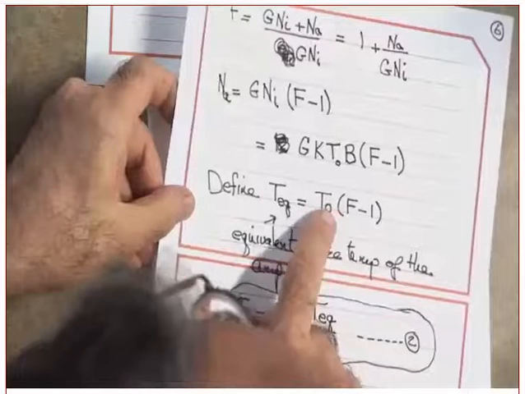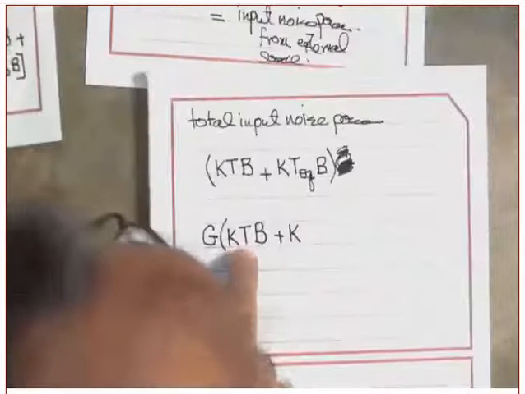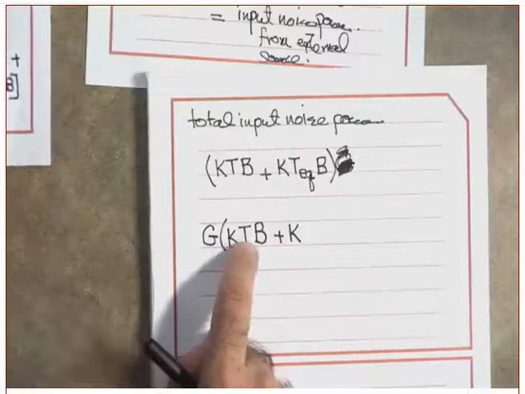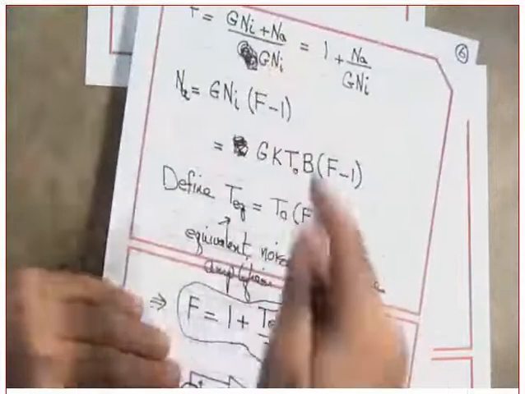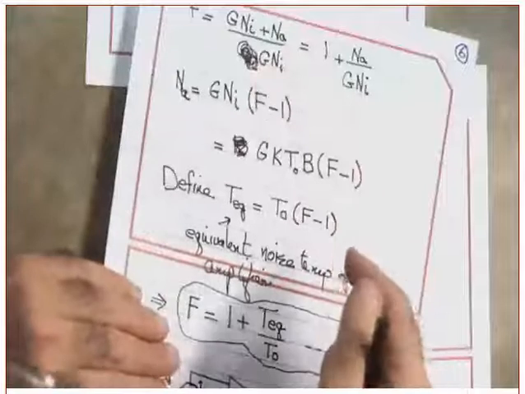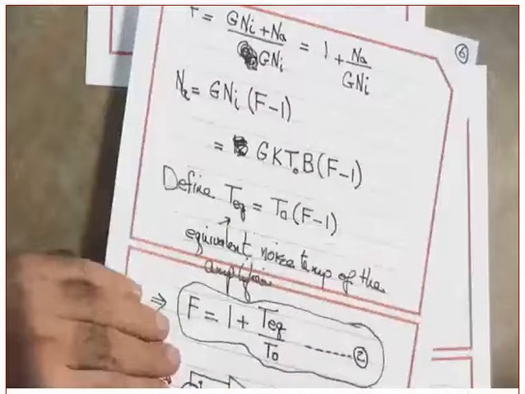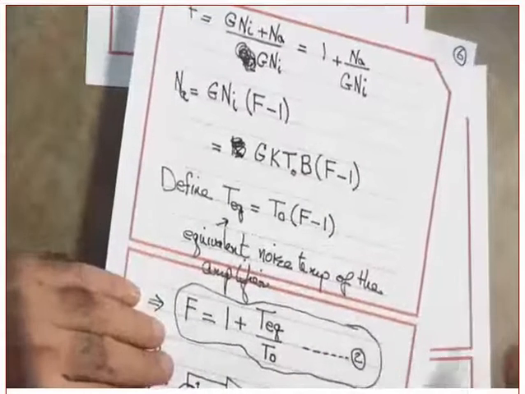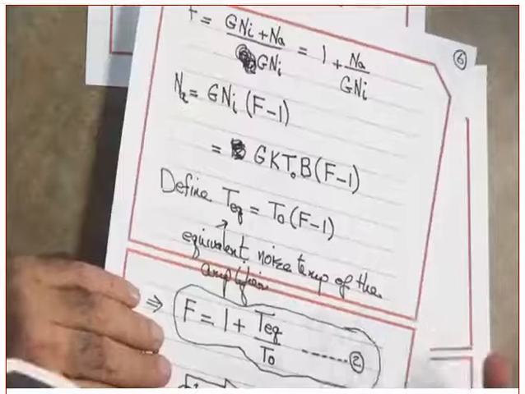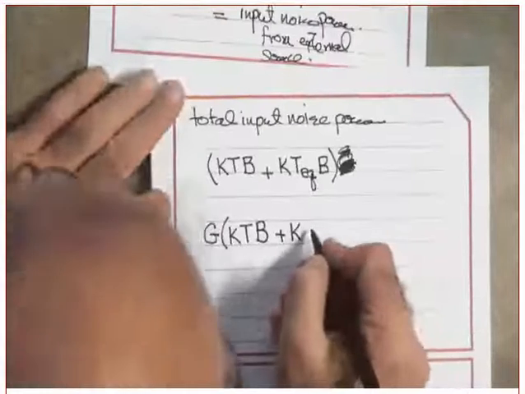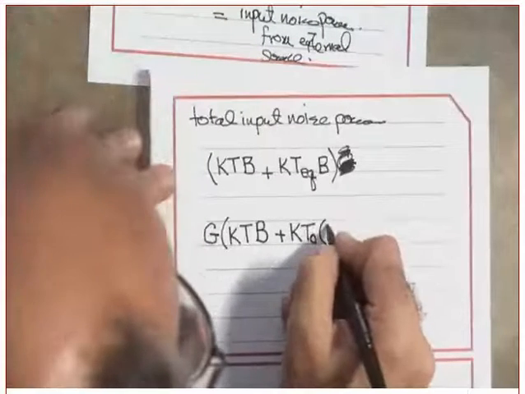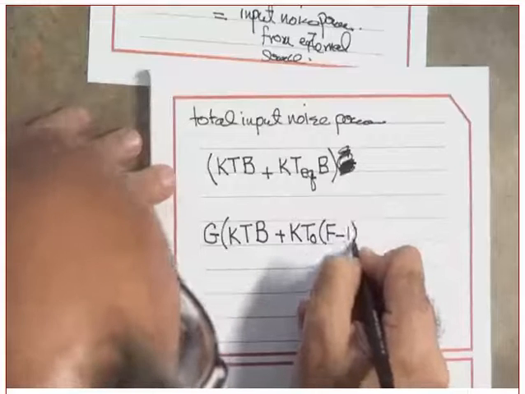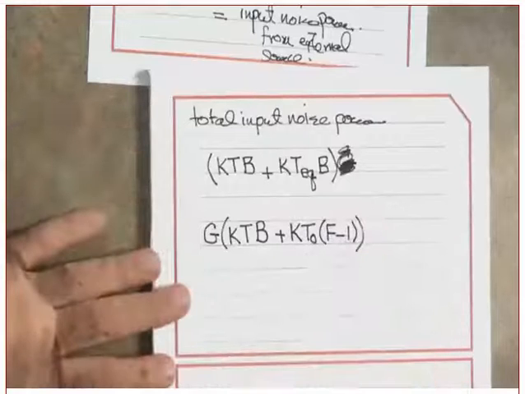Don't confuse this with this. This one is the temperature of the external source, whereas this T0 comes from the definition of the noise factor: the signal to noise ratio at the input divided by the signal to noise ratio at the output. What is T equivalent equal to? T0 times F minus 1, close the bracket.